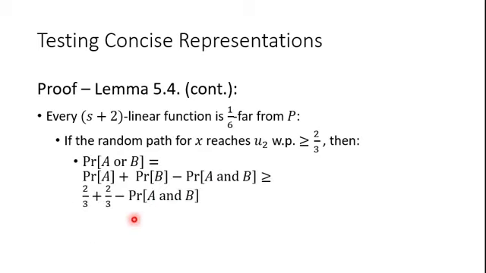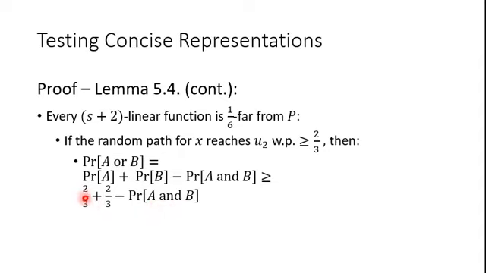And so what we can see is that the probability of event A occurring or event B occurring is equal to the probability of A plus the probability of B minus the probability of both of them occurring. And this is larger or equal to 2/3 plus 2/3 minus the probability of A and B occurring together.